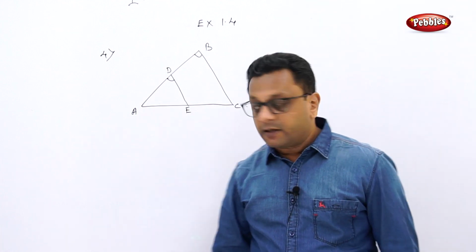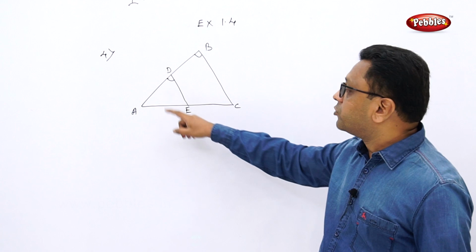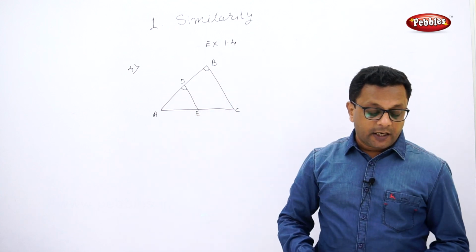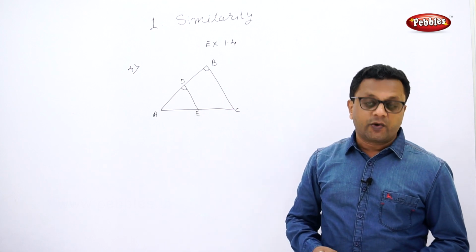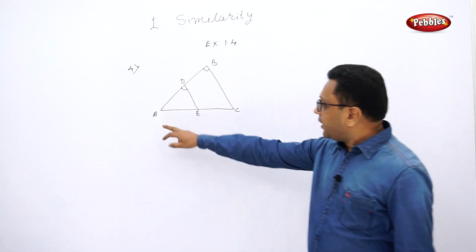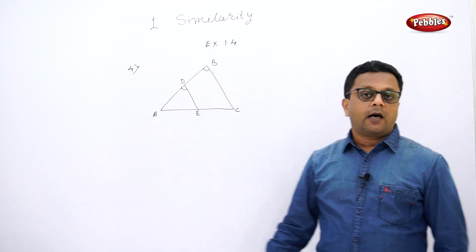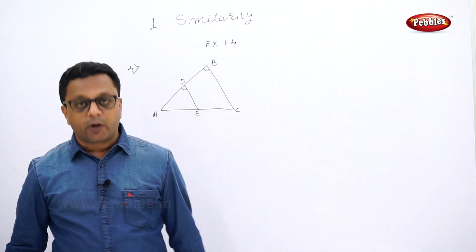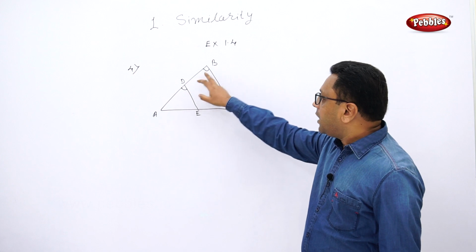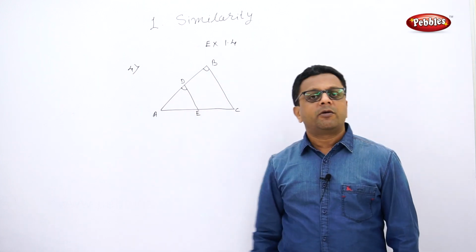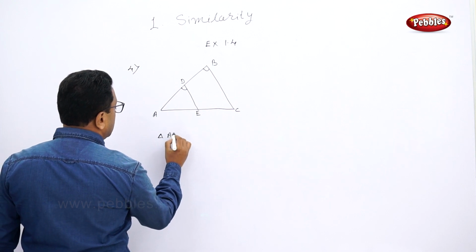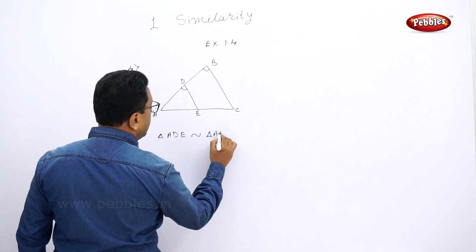So by AA test of similarity, triangle ADE is similar to triangle ABC.